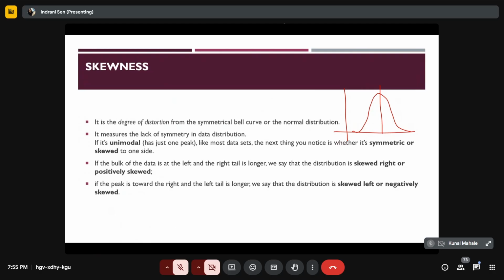If the bulk of data is at the left and the right tail is longer, we say that the distribution is skewed right. You can see if your data is like this, it is called skewed right. If your data is like this, it is called skewed left.